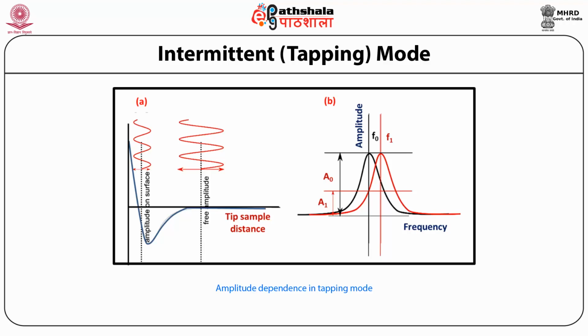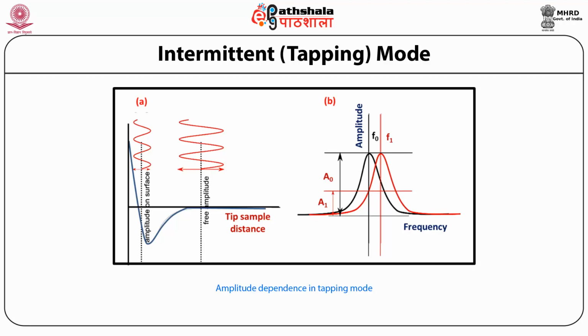The amplitude modulation mode or tapping mode is the most common way to operate the AFM. Cantilevers for tapping mode are stiffer than cantilevers for contact mode to allow for a resonance frequency. Typical values for K is 40 Newton per meter and F0 in a range of 300 to 400 kilohertz.